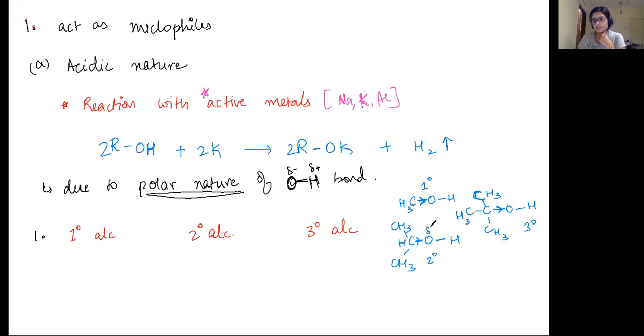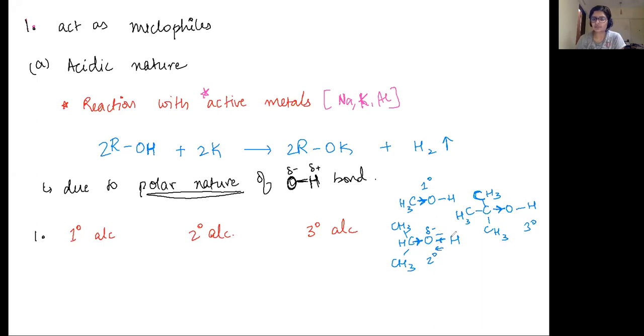Because here a little delta negative is forming. Now because this is electron donating, this delta negative is forming because oxygen is pulling electrons towards itself. So the polarity is going to decrease. Now the electrons are being donated, so you have opposing forces.